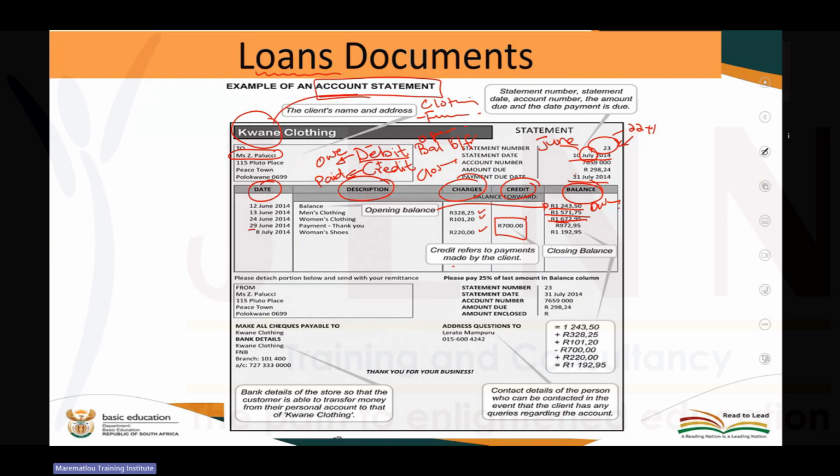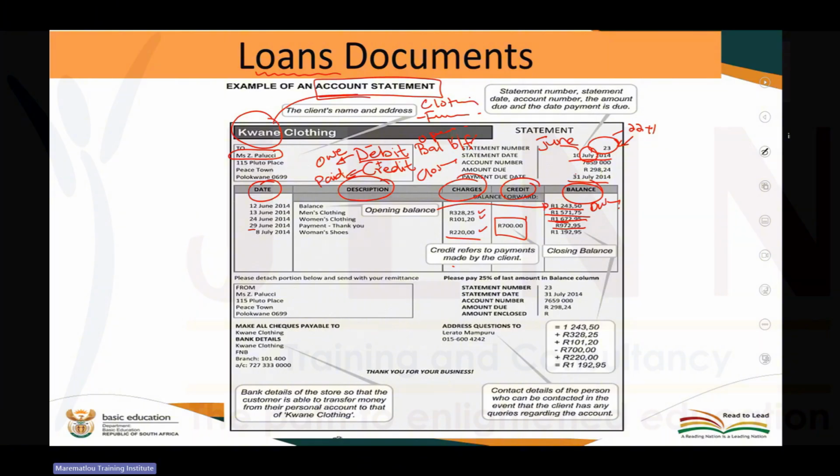On the 29th of June, he got money and said, let me pay 700. What are they doing? They deduct it from 1,672, and now it's left with 972. But again, the lady said, my shoes, okay, let me go and buy other shoes. 220.